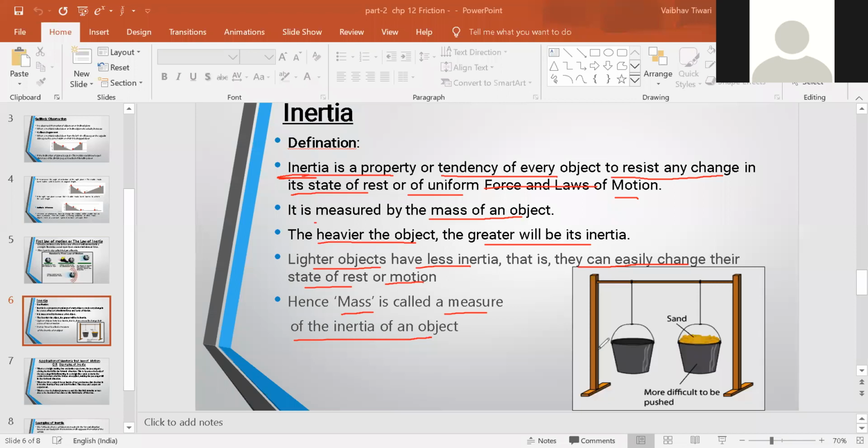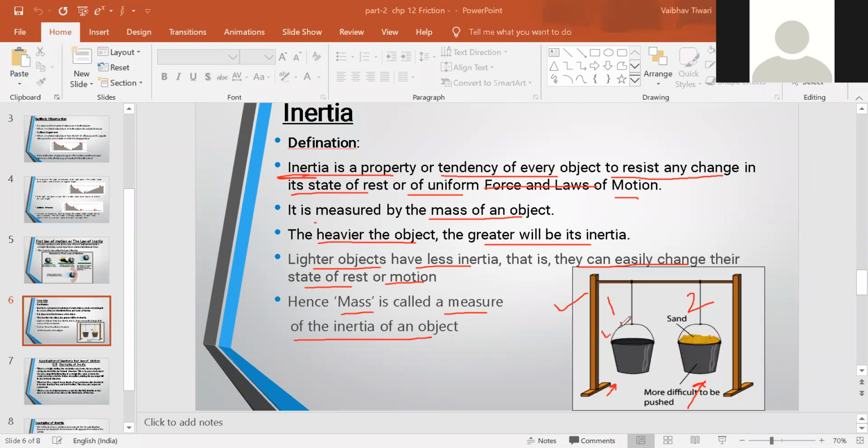For example, if you look at this figure, there are two buckets: one is empty and the other is filled with sand. If you are asked to apply a force to move a bucket, which one would be easier for you, the first one or the second one? The first one would be easier because it is empty, so the mass is less, and so the inertia is less.